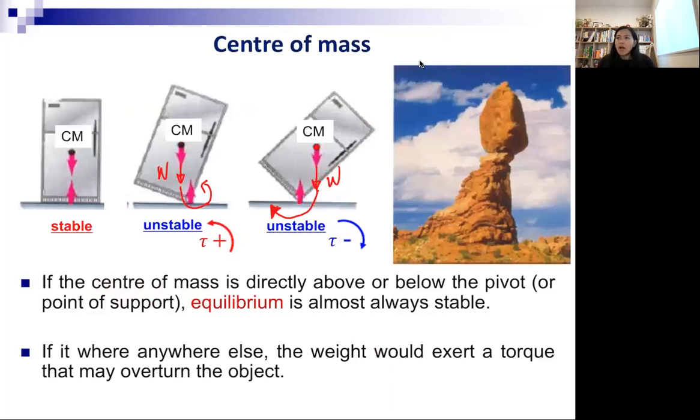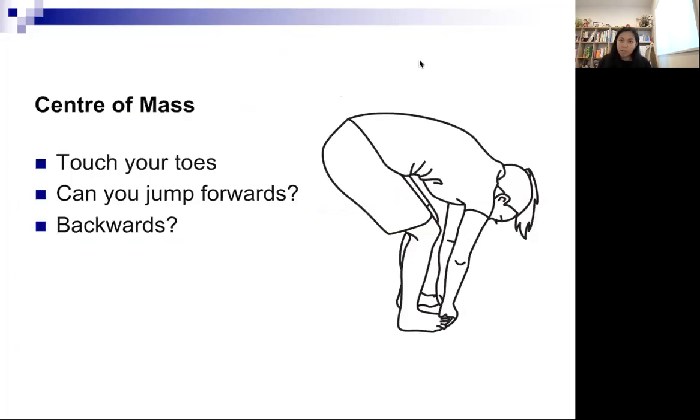Right. Now, how do we find the center of mass? We've seen it's where the object balances. Here's a practical example of a center of mass, and you can do this maybe during the break or just before or during the workshop. Try to touch your toes and try if you can jump forwards or backwards. You might find it difficult.